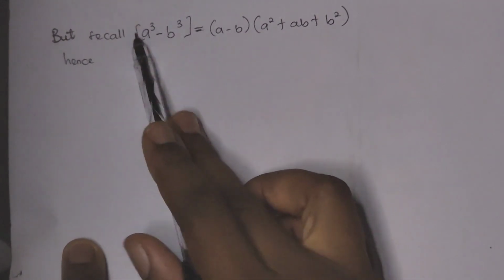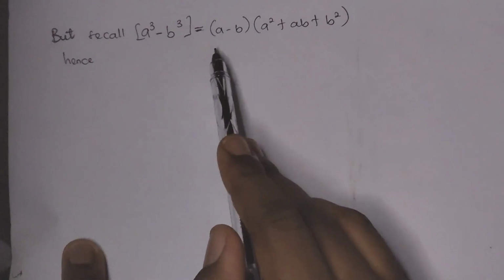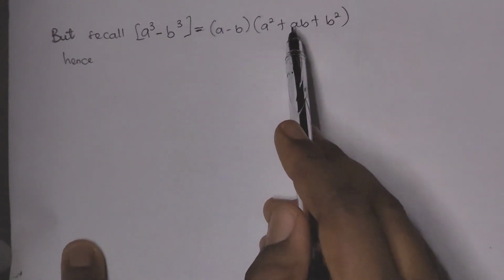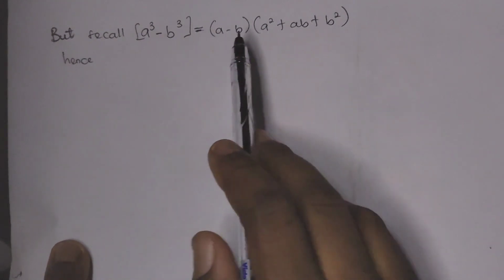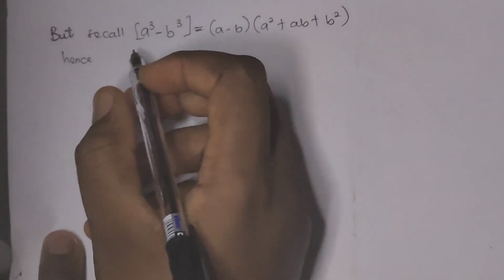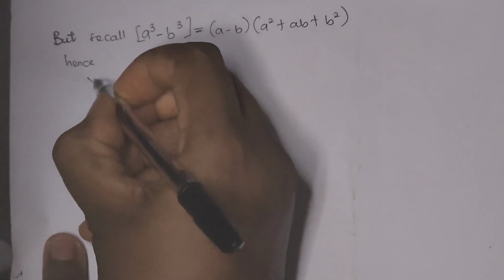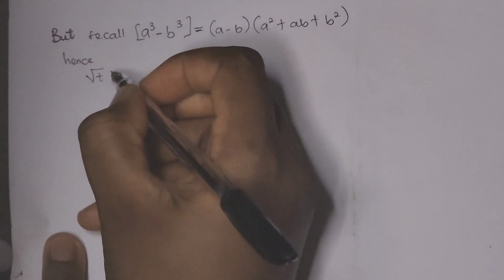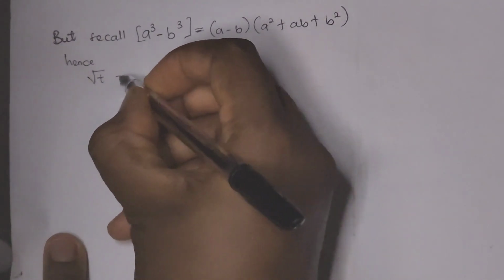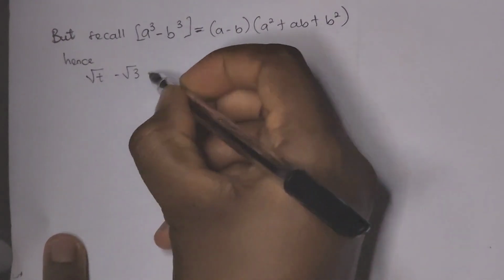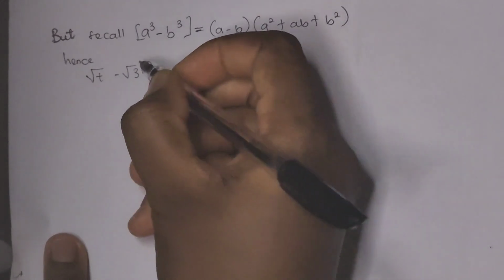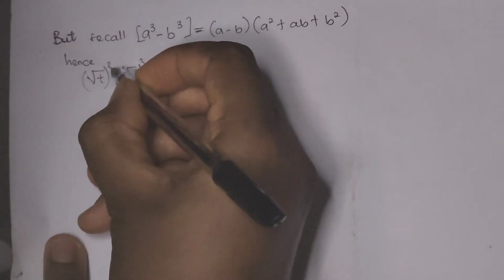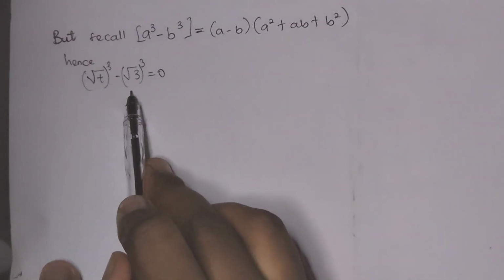That means whenever you have a cubic equation, you can actually resolve it to a linear equation and a quadratic equation. So remember, this was the equation we got.